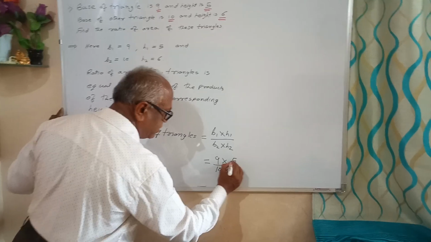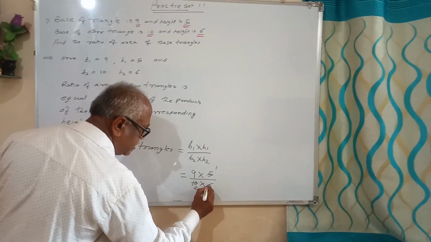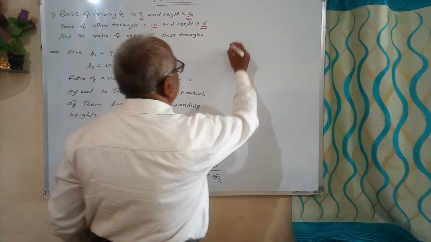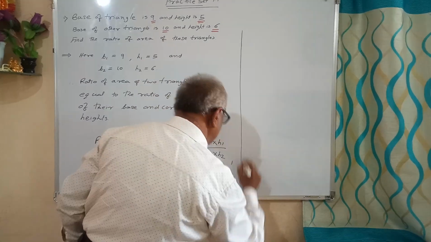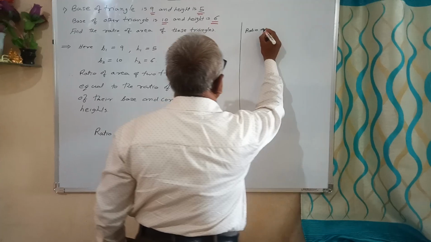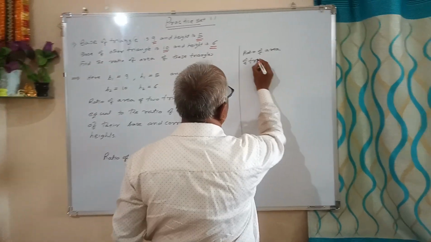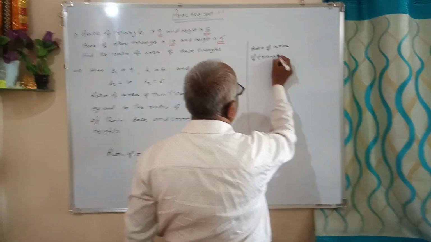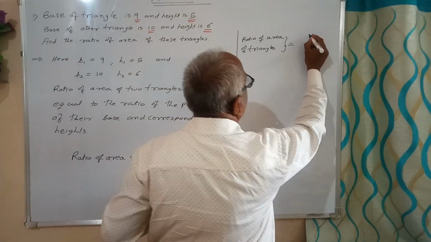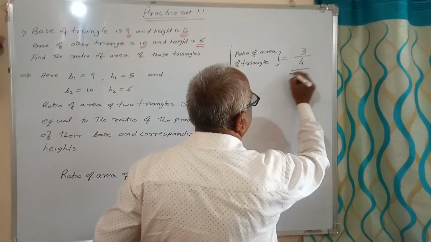Now do the cancellation. 5 1s are 5, 5 2s are 10. Here also cancellation is possible. 3 2s are 6, 3 3s are 9. Therefore, the ratio of area of triangles is equal to 3 1s are 3 upon 2 2s are 4.